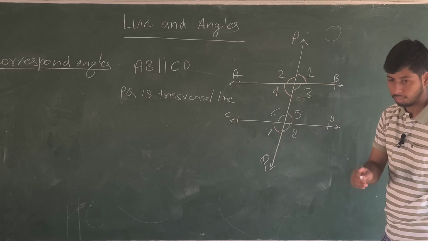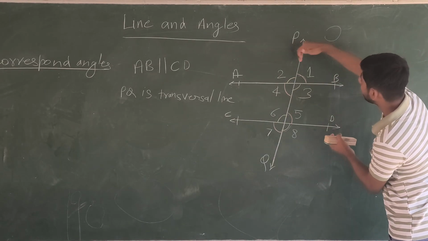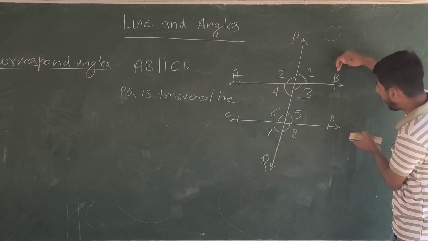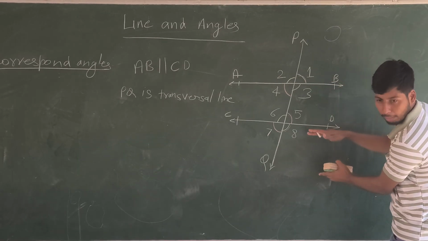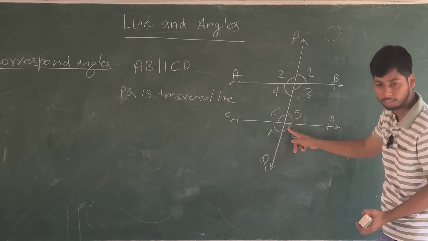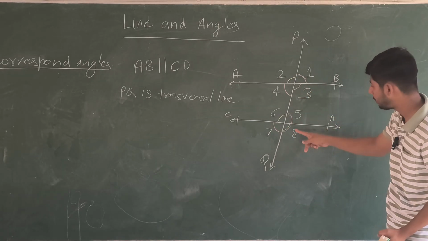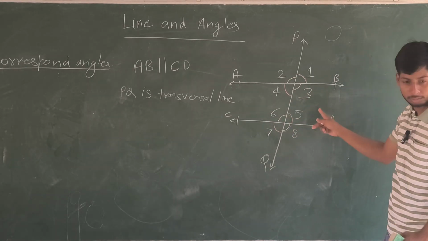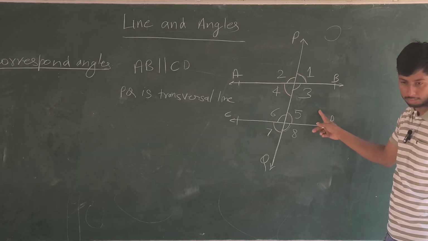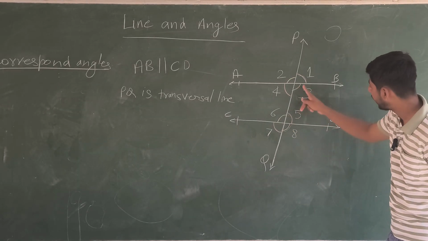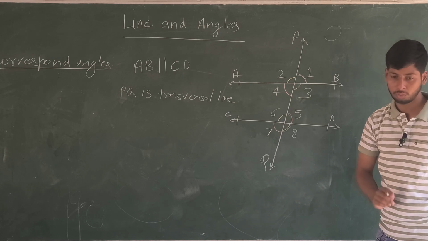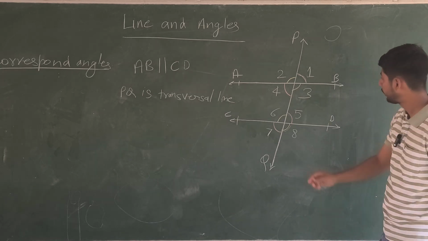Understood? Similarly, on one side of the transverse line and below the parallel lines, I denoted here with yellow color. Both are below the parallel lines and on one side of the transverse line. So angle 3 and angle 8 are also corresponding angles.